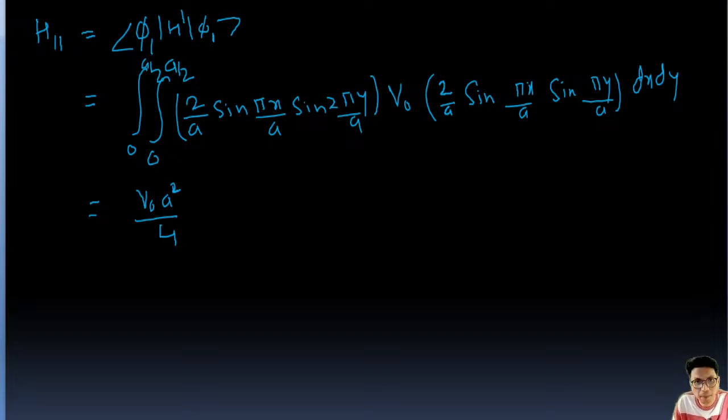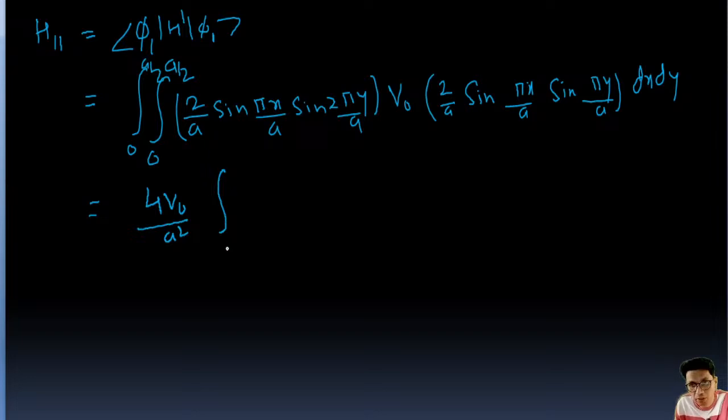And so this is going to be 4 v naught upon a square, which will be common.